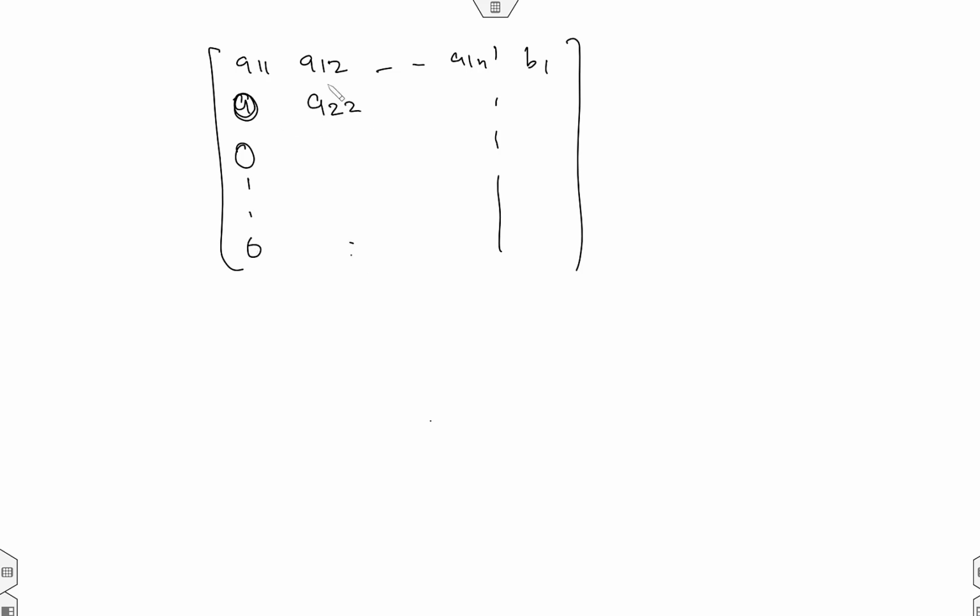Okay, A22 dash, we are writing the change in terms of dash, A2n dash, B2 dash. Similarly, A32 dash, A3n dash, B3 dash. An2 dash, Ann dash, Bn dash.